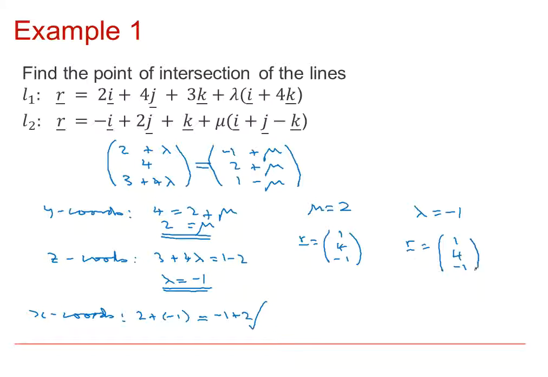You can see either method gives the same position vector for the point of intersection. If a question wants the Cartesian coordinates, you should give the answer as (1, 4, minus 1) as a set of coordinates like that.